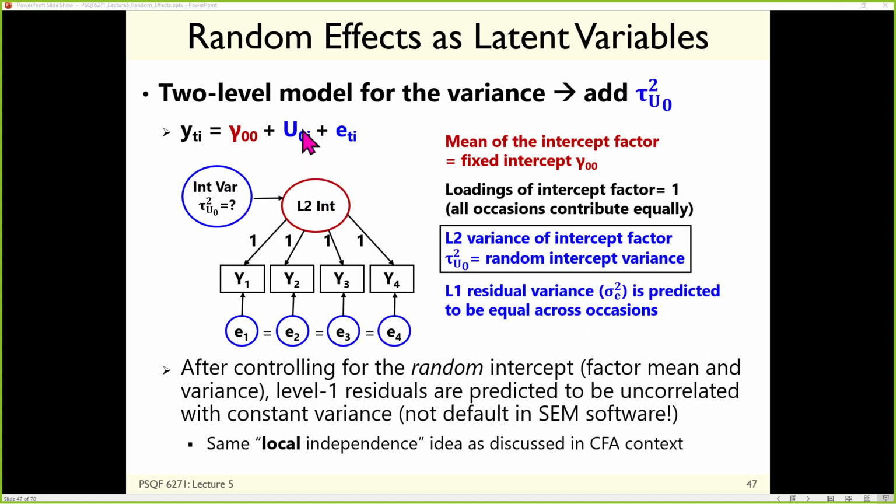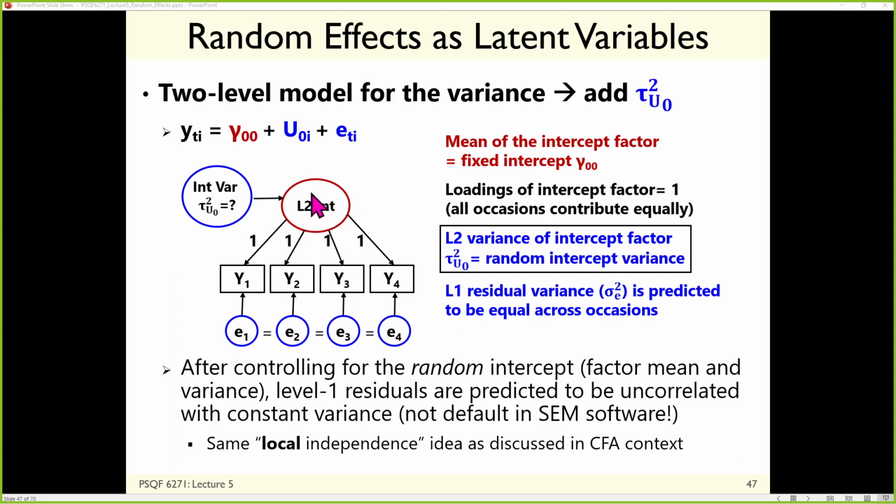If I add my random intercept, so this is our friend the empty means random intercept model, it would look like this, where the intercept variance is now estimated, and the standardized solution would provide my intraclass correlation. This constraint that all of the loadings are 1 here, as the slope that multiplies the effect of this latent variable in predicting each of the observed outcomes, makes this an intercept.